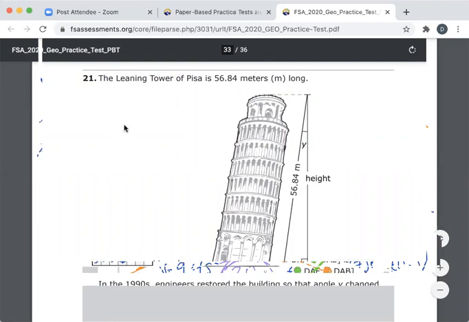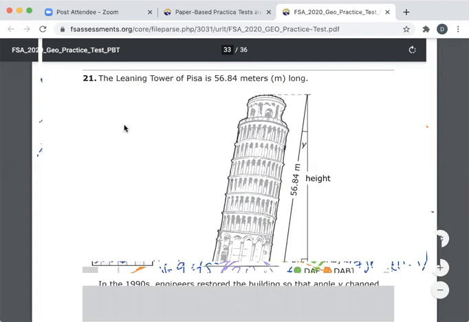Okay, here we have the Leaning Tower of, I want to say pizza, but I know it's not pizza. It doesn't look like pizza. It shows how long it is. And in the 90s, engineers restored it so that the angle Y up there at the top changed from 5.5 to 3.99.